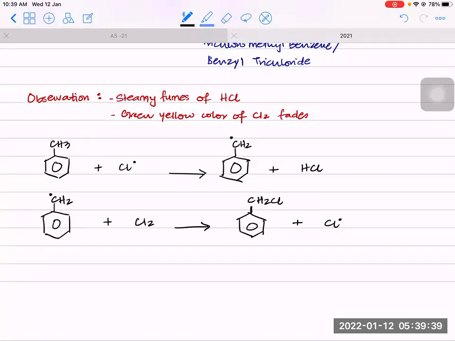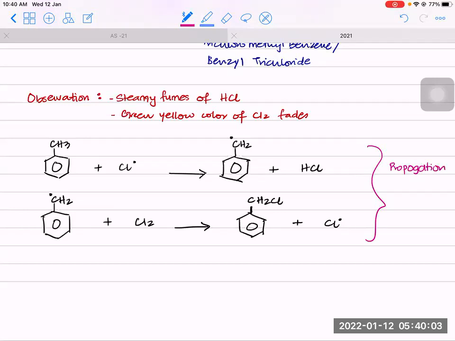Clear? So I'm showing one propagation step in terms of radicals. Yeah. So this right here is what? Propagation. And you remember termination was what? Where two radicals become a molecule. So this right here is what? Propagation. I'm not showing all propagation steps, just to give you an idea that this is propagation.